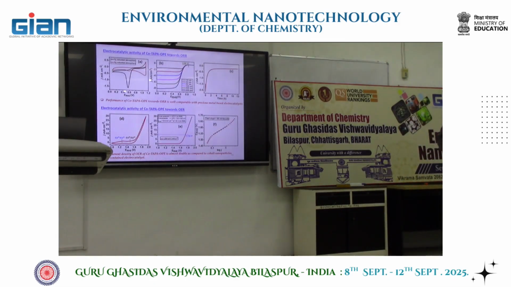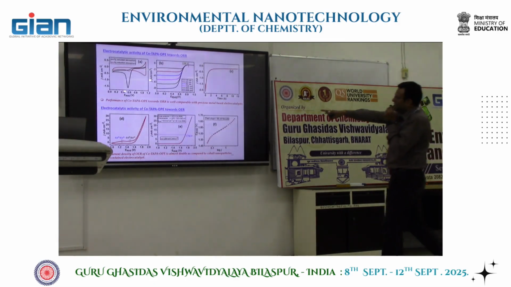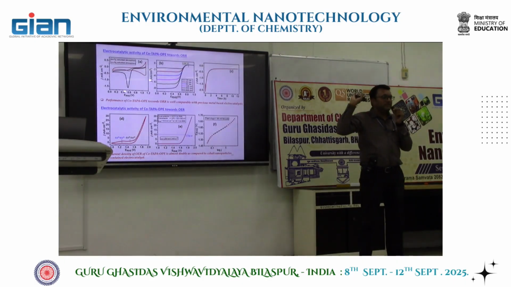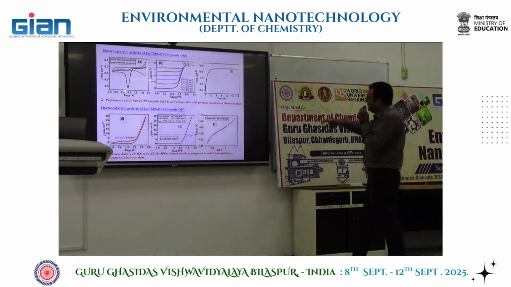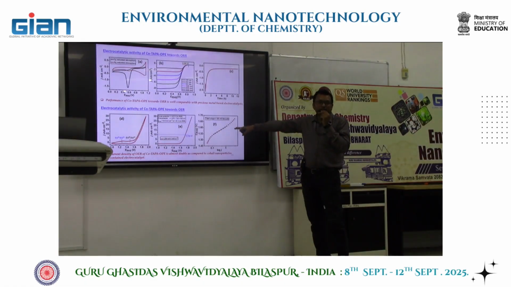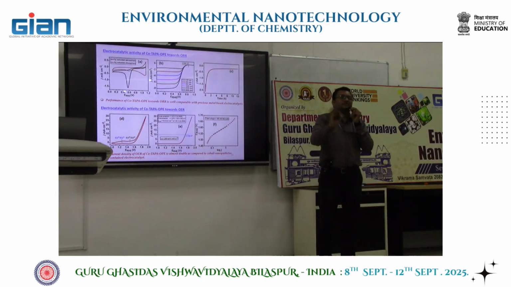Now the current density is around 30. In previous cases, if you remember, it was maximum 12 or 13. And even the Tafel slope was much better. Stability also for this one was excellent.